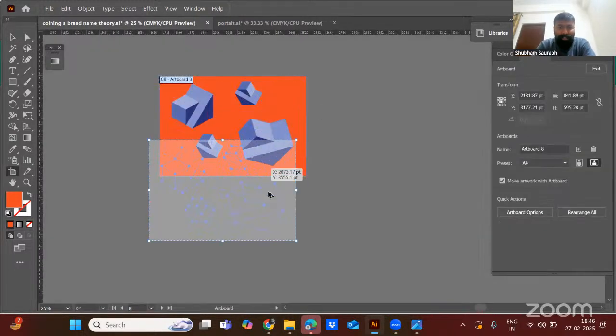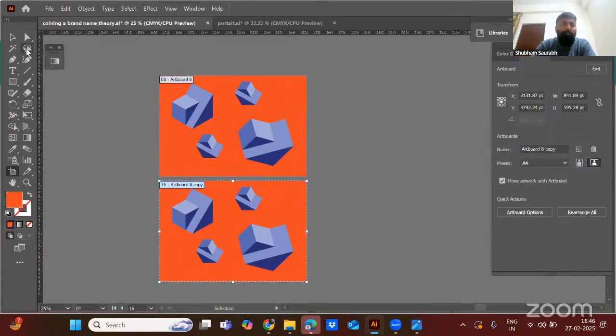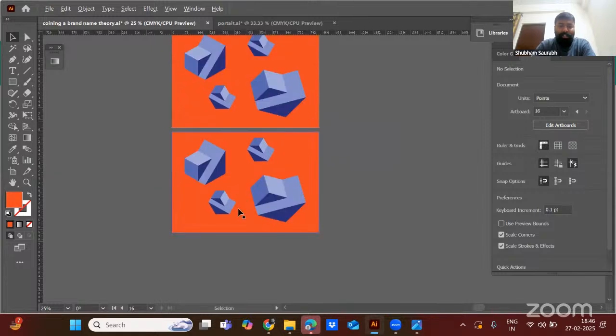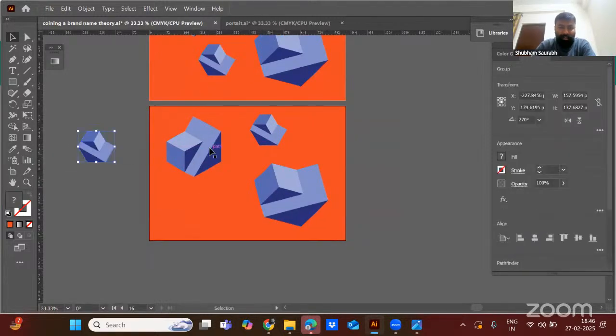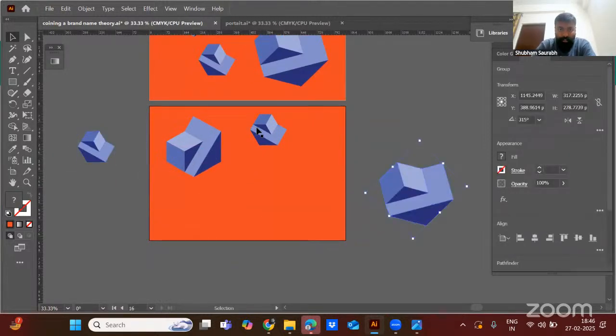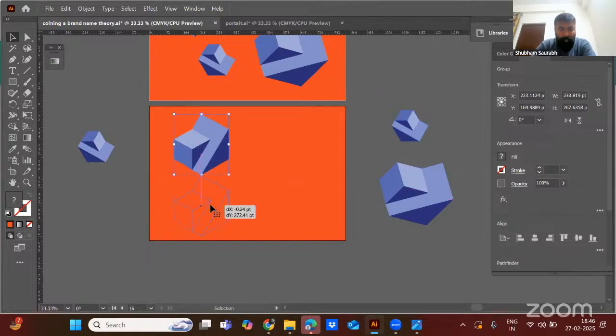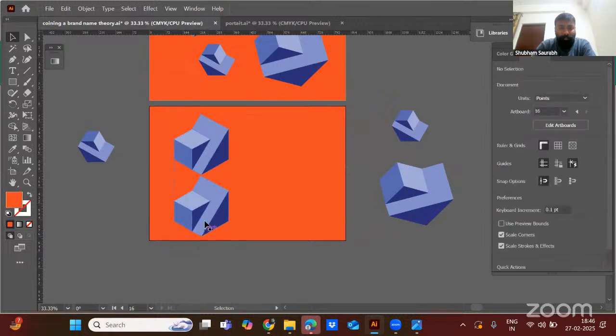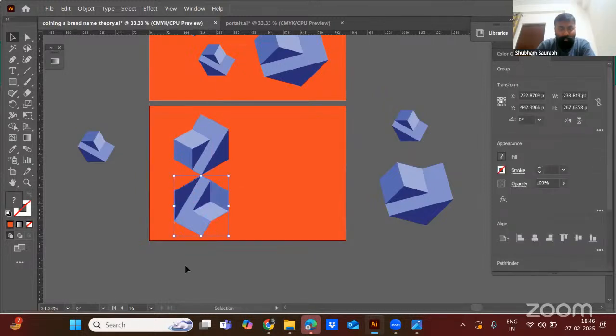Now let's see symmetry. Symmetry is a version of balance, but symmetry requires more accuracy. So symmetry means that if you make a design like this and exactly, for example, let's make a design like this.